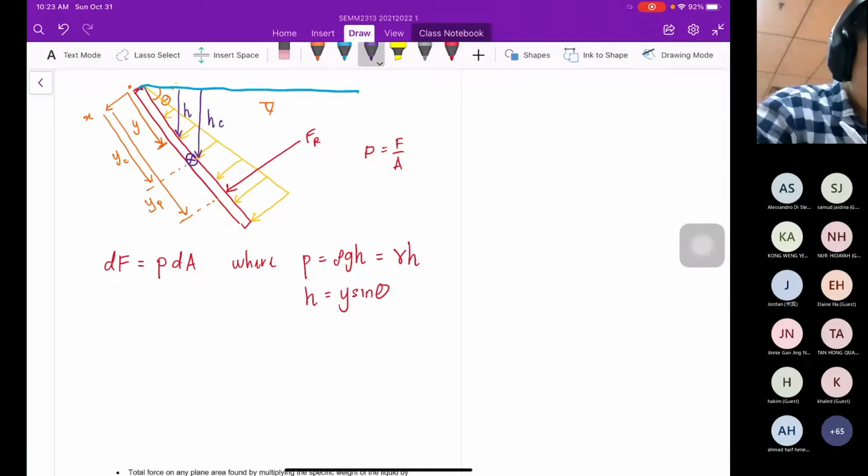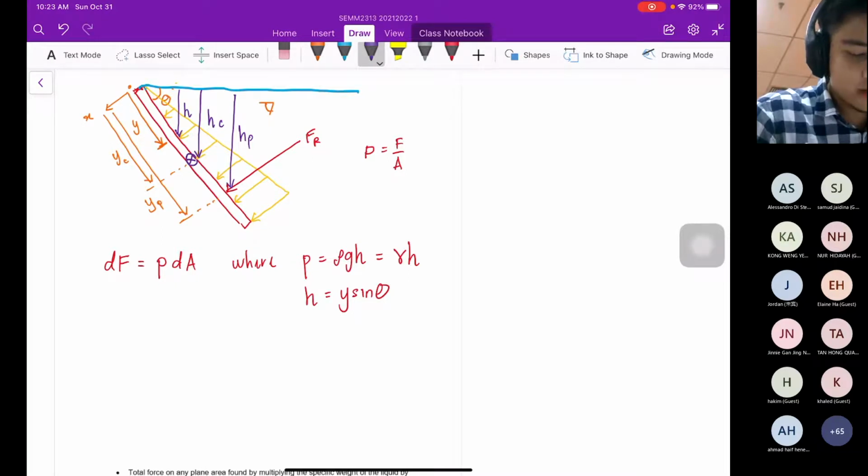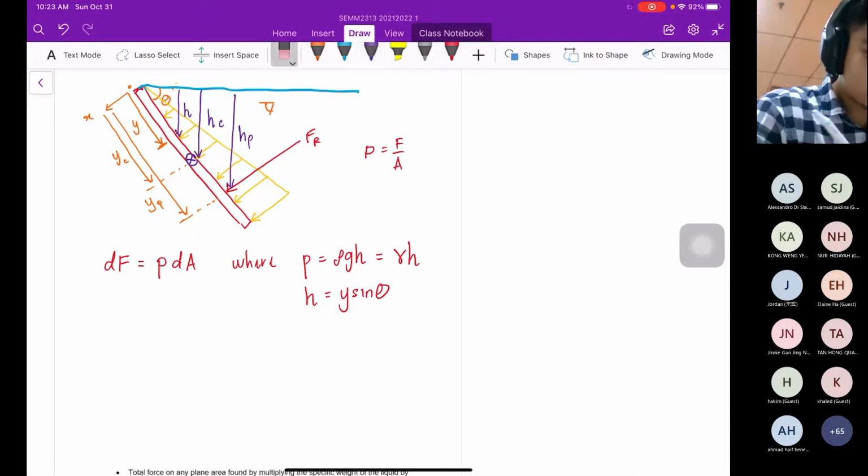Same goes here. From here to here is HP. So in order to convert H to Y, you can see in order to get H, Y sine theta, you will get H.